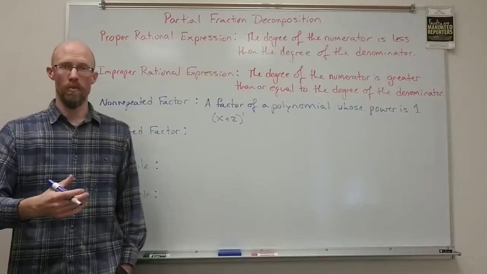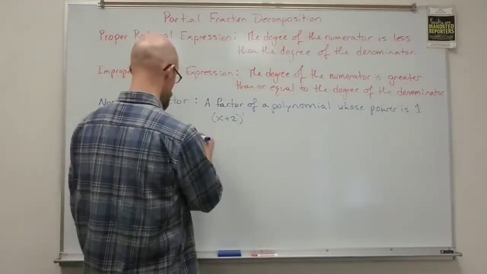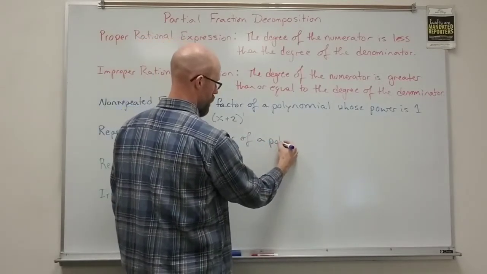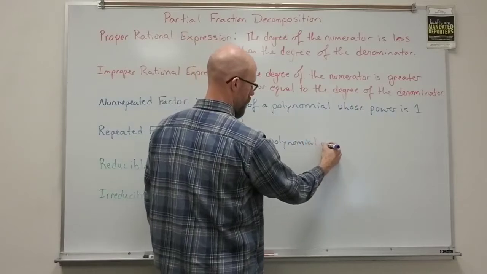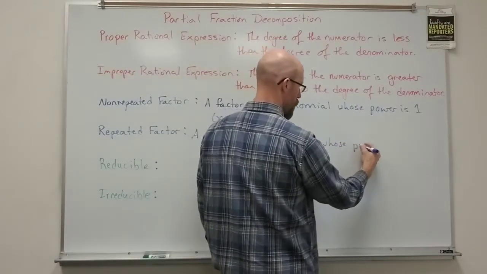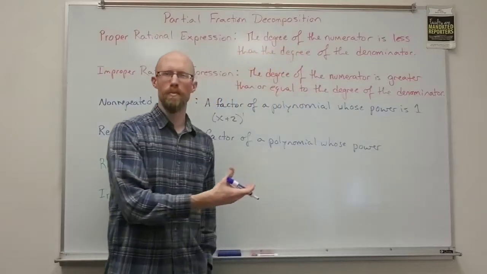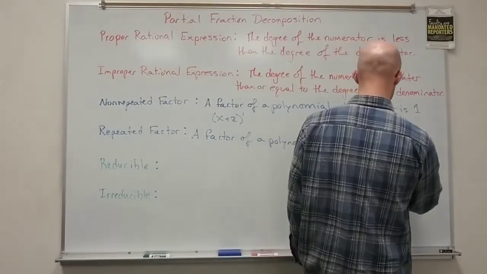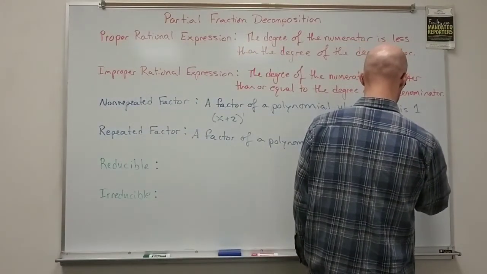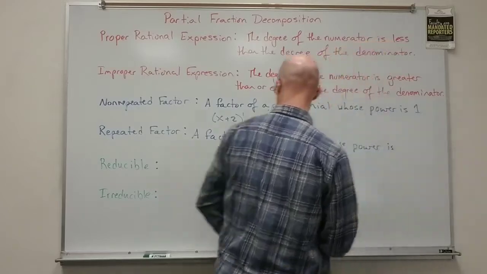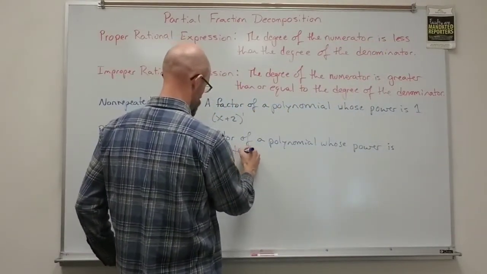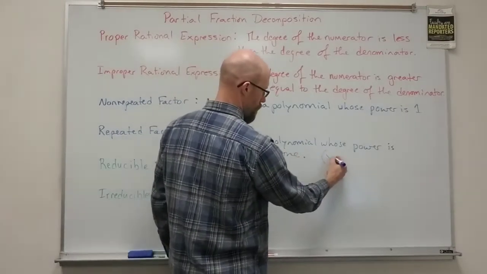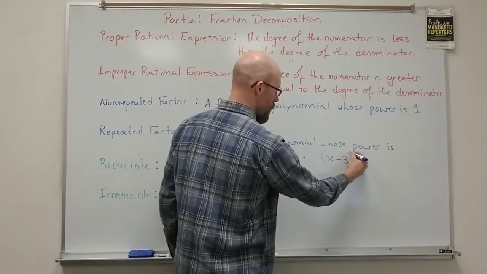A repeated factor is one where the exponent is greater than 1. It's a factor of a polynomial whose power, or we could say multiplicity, is greater than 1. Multiplicity is more for the zero of the polynomial, but I'll just say power for now. An example might be something like (x-3) raised to the 4th power.